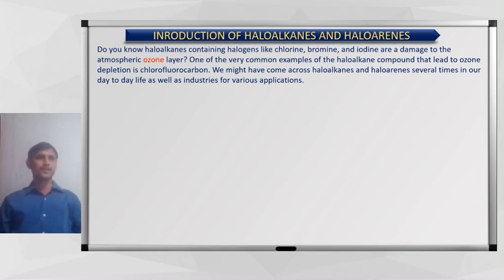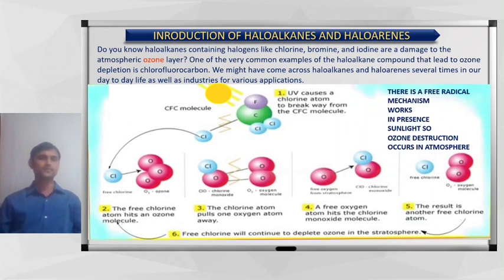Okay, and see the mechanism. What happens when chlorofluorocarbons, whose sources we already know, are used in refrigerants and also in industry, react with sunlight or UV rays? There is a free radical reaction that breaks off a chlorine free radical.